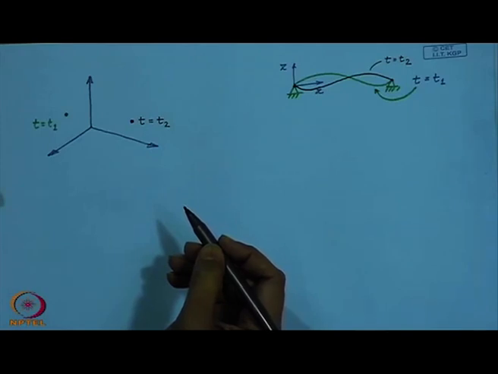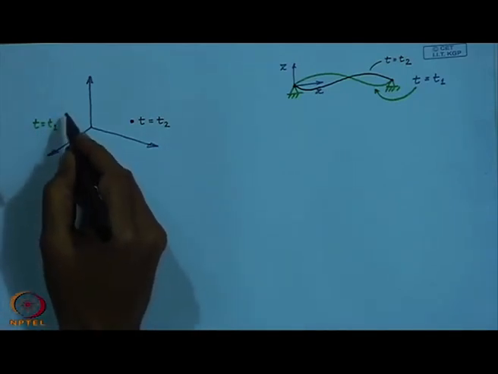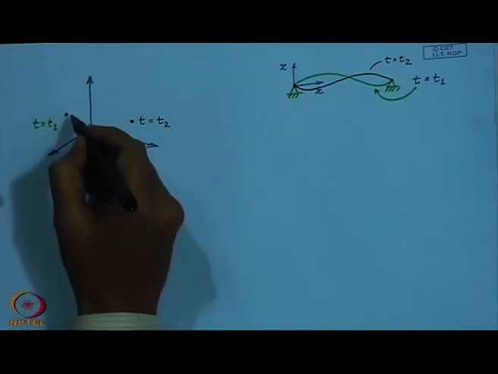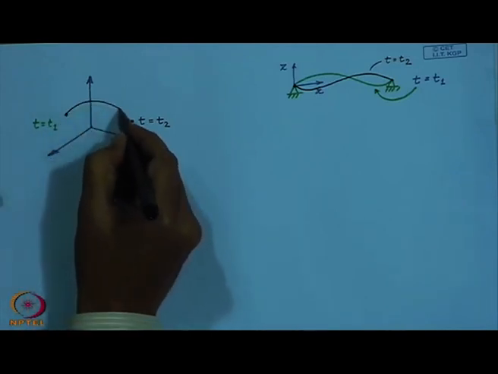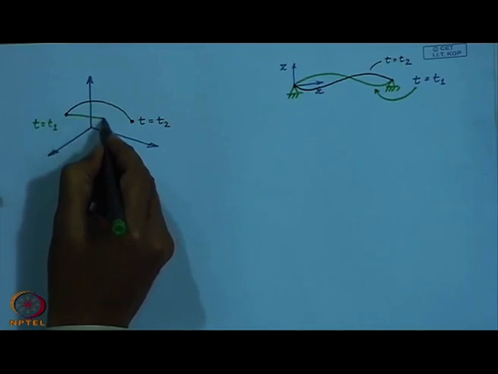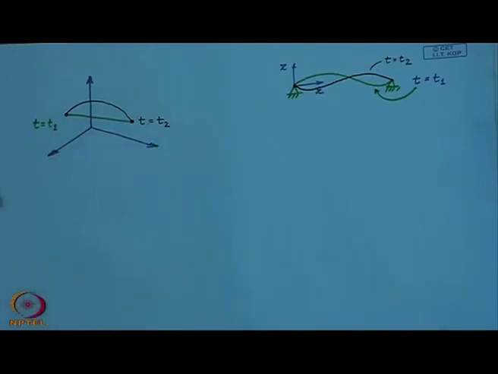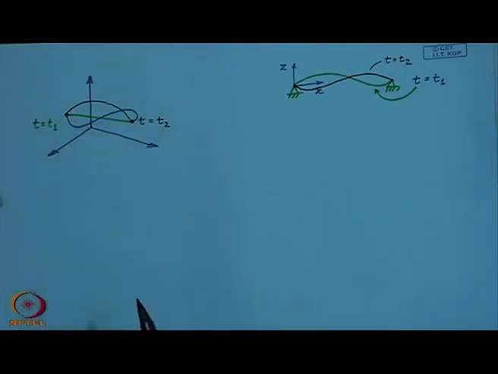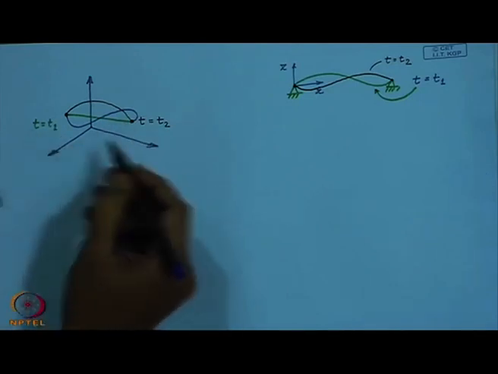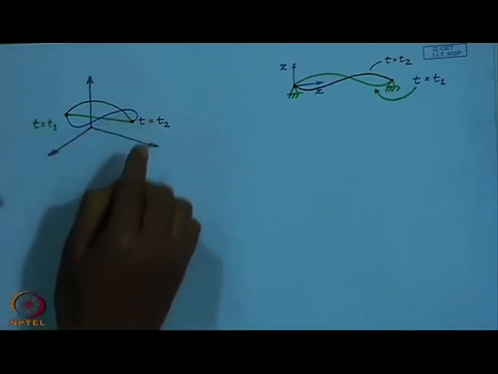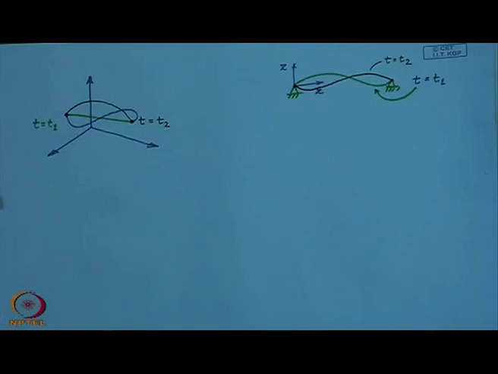Now, the question is, how did the string move from this configuration at time t equal to t1 to this configuration at time t equal to t2? Well, it could have moved in this manner, or in this manner, or maybe this. The question is, can I say which path the string followed in the configuration space? So, this is our question.